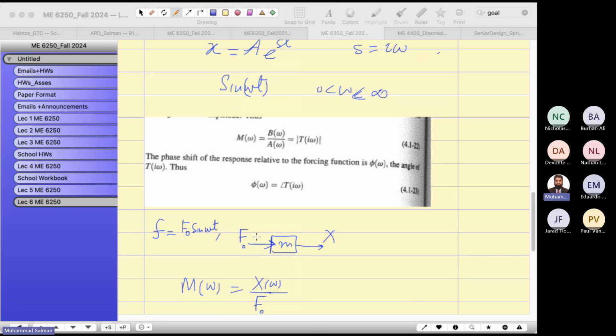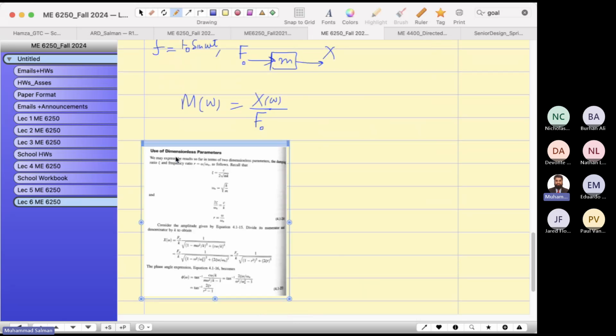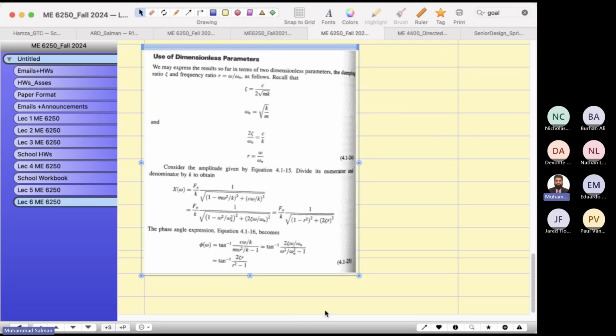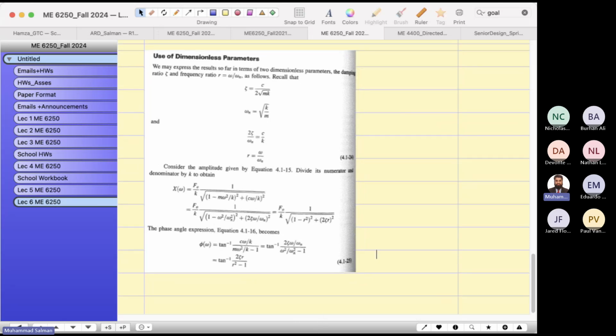Now there are certain formulations I want to show you so that you should not get confused when you see such a homework problem. So just to see different types of rearrangement and conversion.